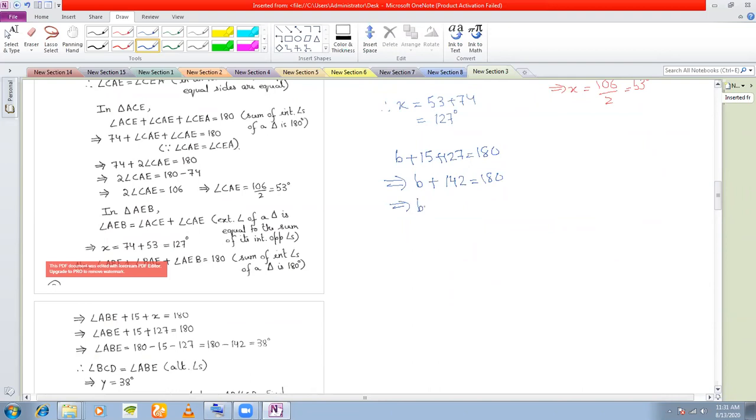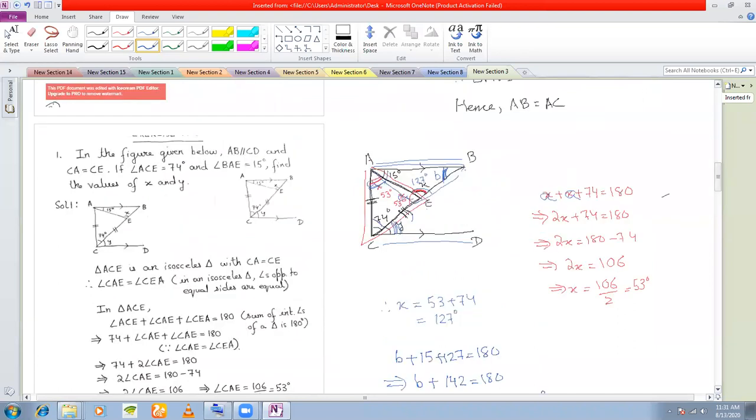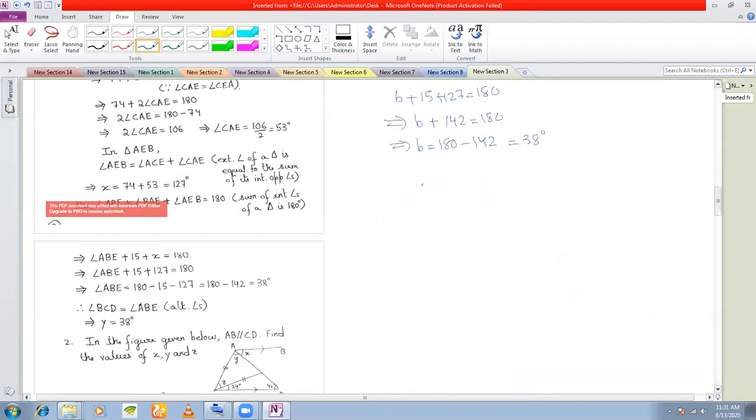That means B is 180 minus 142, 38 degrees. Okay, so this we have got 38 degrees, and these are alternate angles because these two lines are parallel. Hence, we have found out y to be the same as B, equal to 38 degrees.